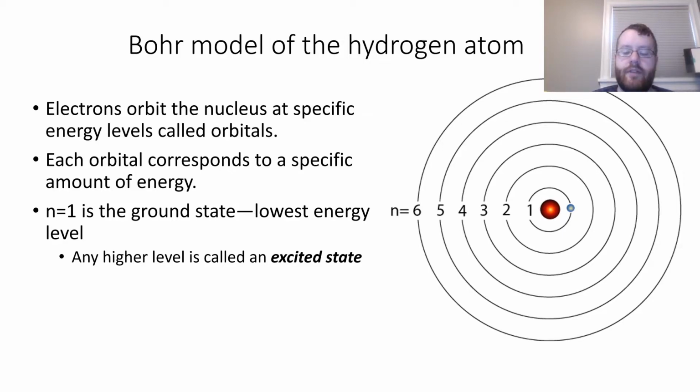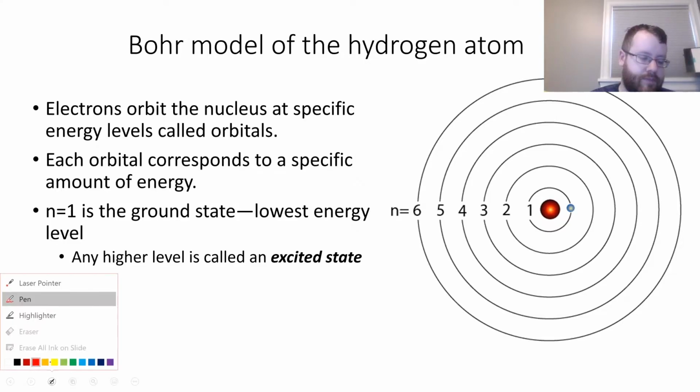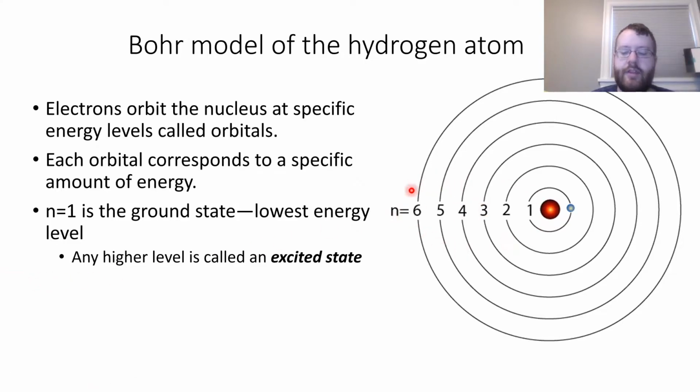You can see we have these n values given on this side over here. The n equals 1 corresponds to the ground state, or the lowest energy level. This, by the way, is representing a hydrogen atom. And any level, any ring that's higher than that is referred to as an excited state, where it has more energy than it would normally be at.